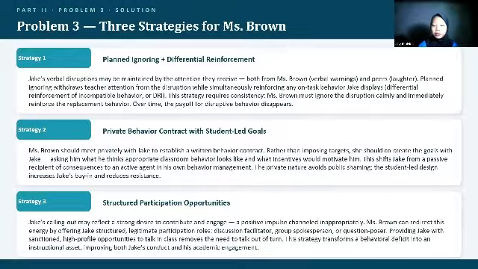This strategy transforms a behavioral deficit into an instructional asset.